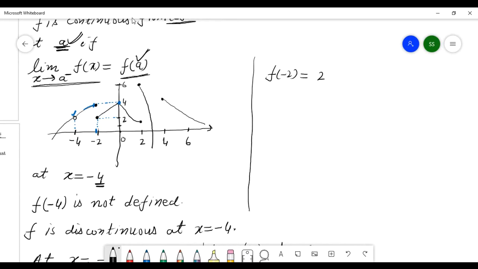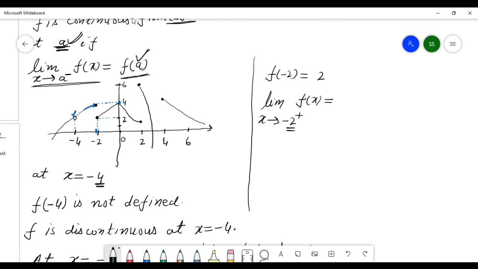Now check the right limit. Check this limit, x goes to -2 plus, meaning x is close to -2 from the right.